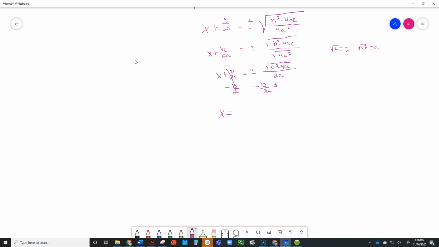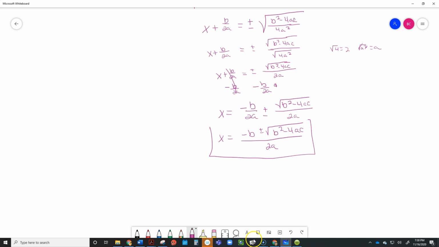So this is going to slide up right in front: negative b over 2a plus or minus the square root. And what do you notice about these denominators? They're the same. So we're going to combine the numerators because we can. That's what you do when the fractions have the same denominator. And that, ladies and gentlemen, is the quadratic formula.